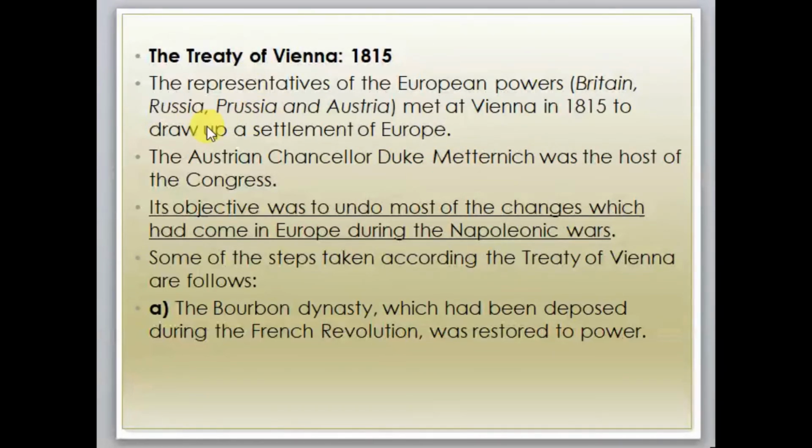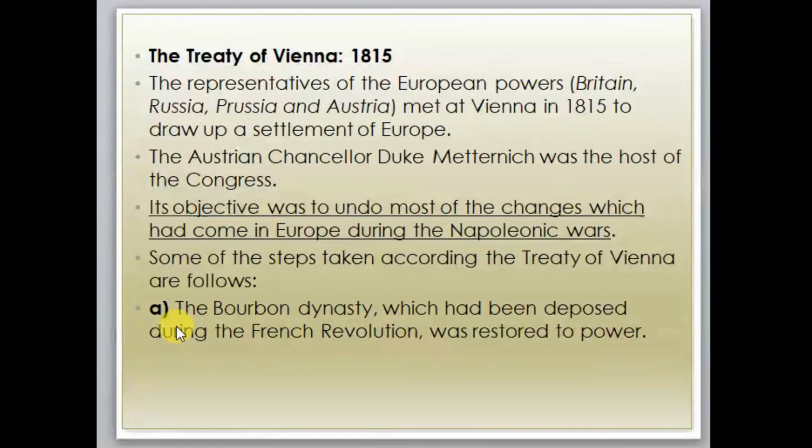The delegates drew up the Treaty of Vienna of 1815 with the object of undoing most of the changes that had come in Europe during the Napoleonic Wars.